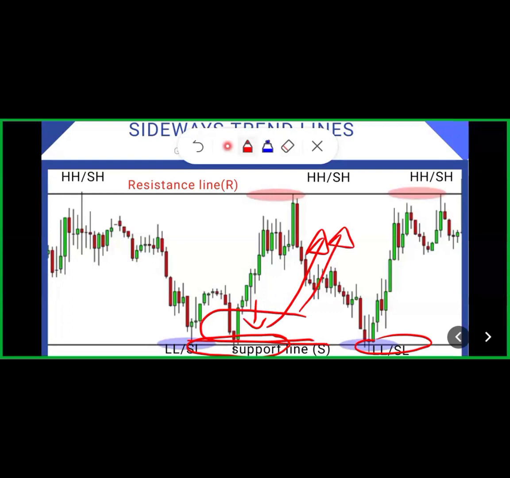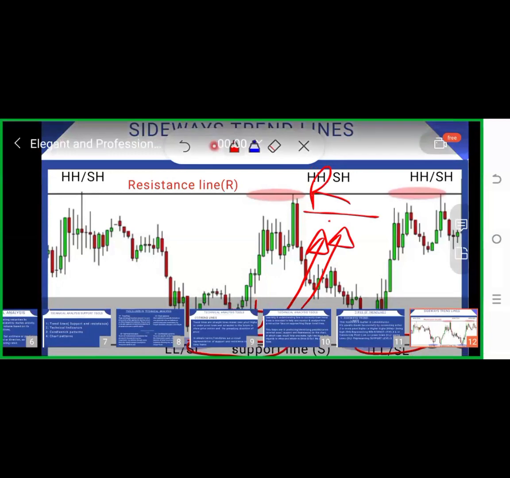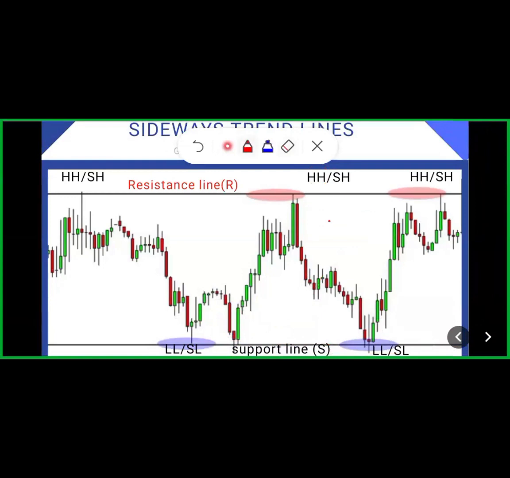Then two, exit at the resistance level or somewhere closer to the resistance level. You get that? Why? Because in most cases, when the price is on a rise, you will never assume that the price will go past the resistance level, not until it does so. So as a smart trader, from whatever point you enter the market, let's say you enter around the support area here, as the price is on the rise, you're going to take profit from your point of entry all the way to that resistance.